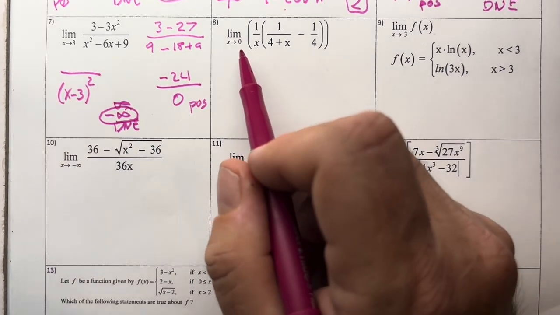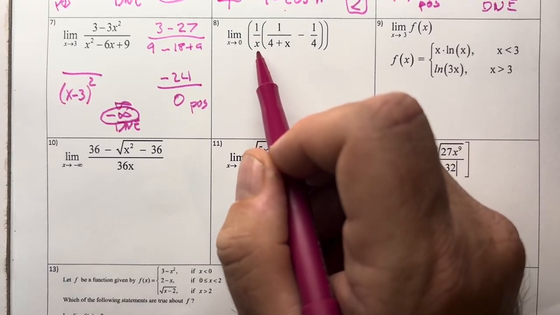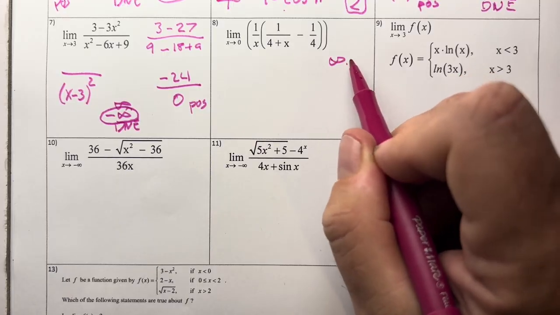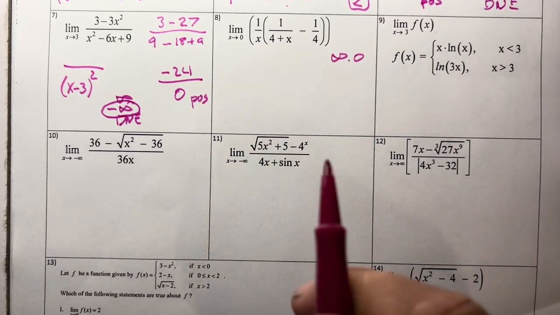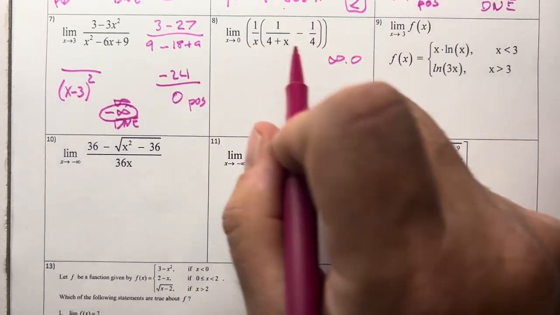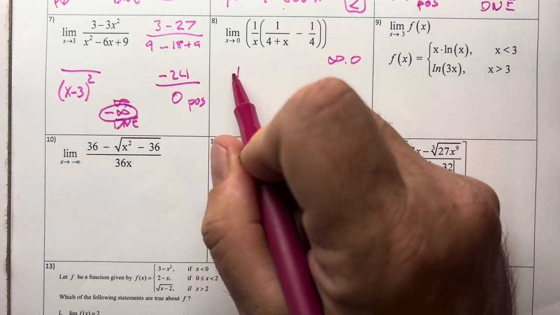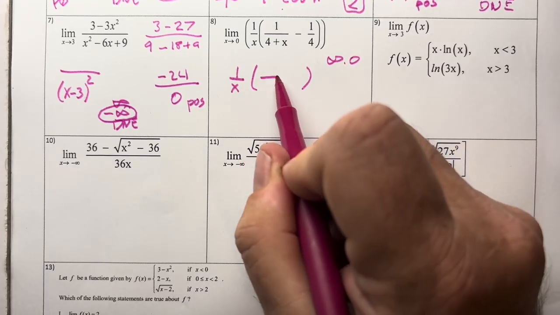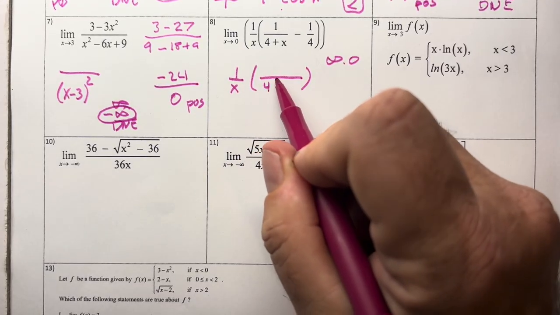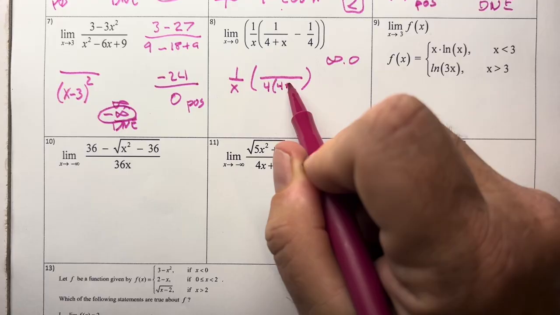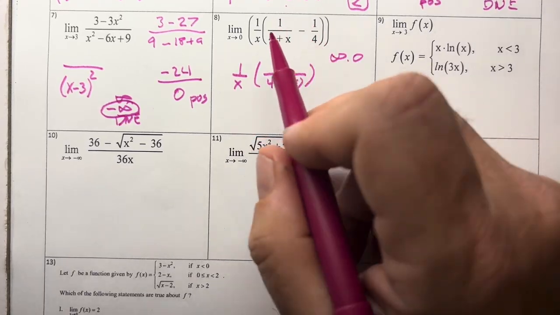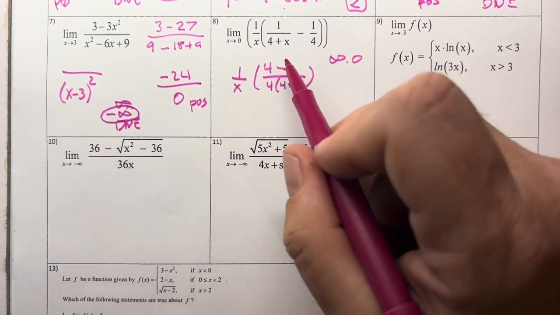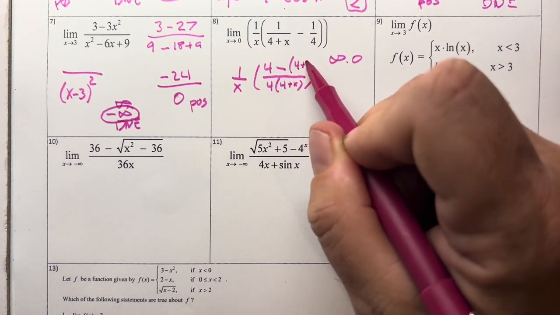All right, going to 0. This is infinity, and this is 0. This is infinity times 0. That's indeterminate. We have to do something. It's too messy here. Anything can happen. I think we'll need to do some simplifying. If the common denominator of the inside of the parentheses is 4 times 4 plus x, then I have a 4 minus, and when you multiply, keep these in parentheses, very important.